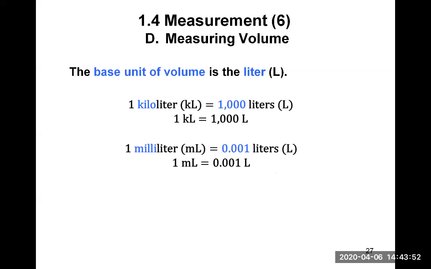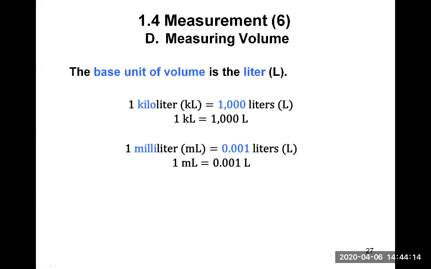Notice that you can rewrite these equalities. Let's say you multiply the left side of the equality that says 1 milliliter equals 0.001 liter by 1,000, and you multiply the right side by 1,000.